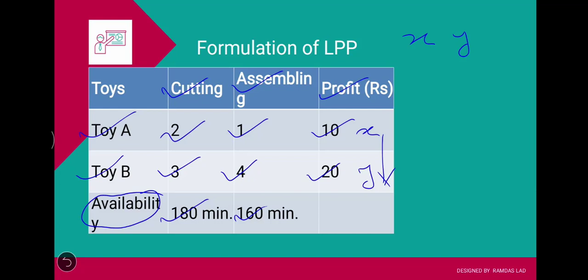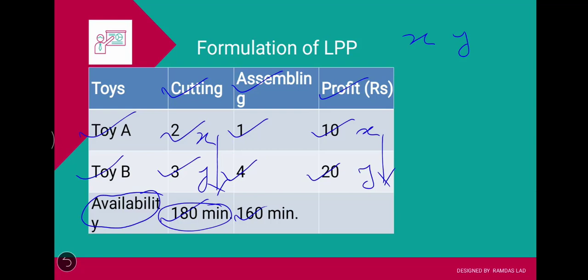Then the constraints we can get by multiplying: 2x plus 3y less than or equal to 180.